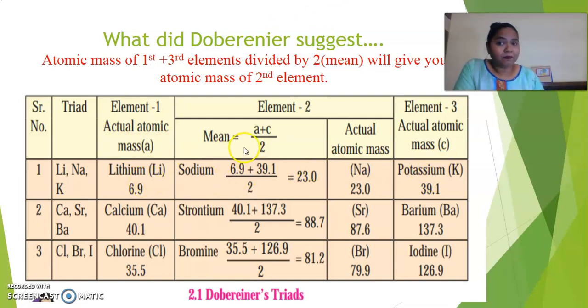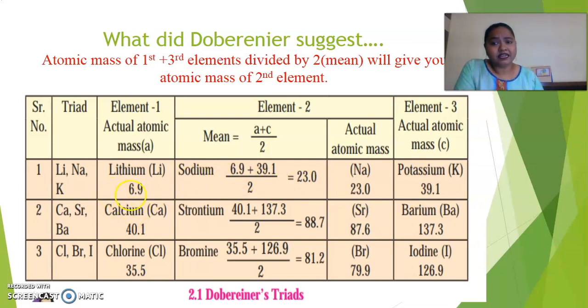If we take out the mean of the atomic mass of lithium and potassium, what will we get? 6.9 plus 39.1 upon 2. The answer is 23. This 23 is equal to the atomic mass of sodium.